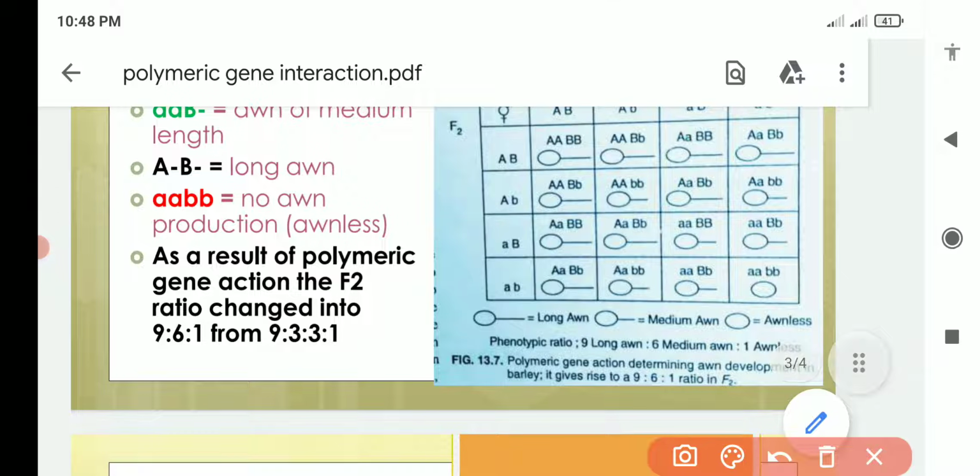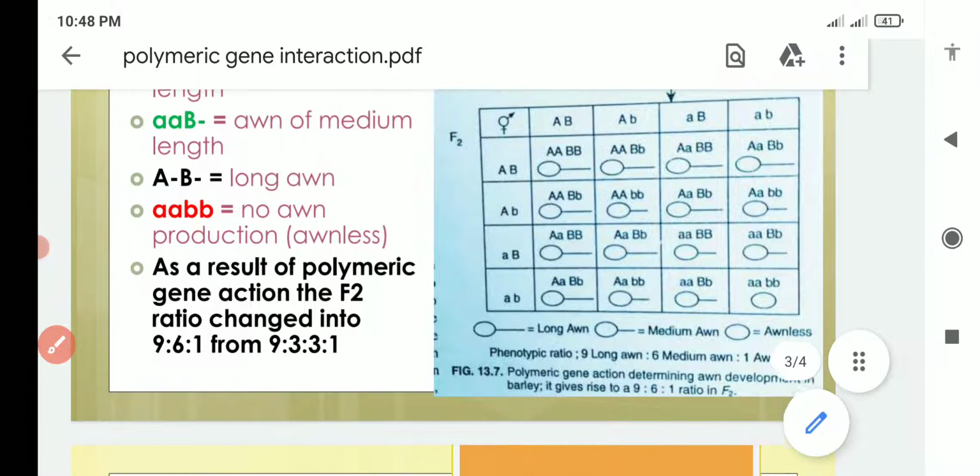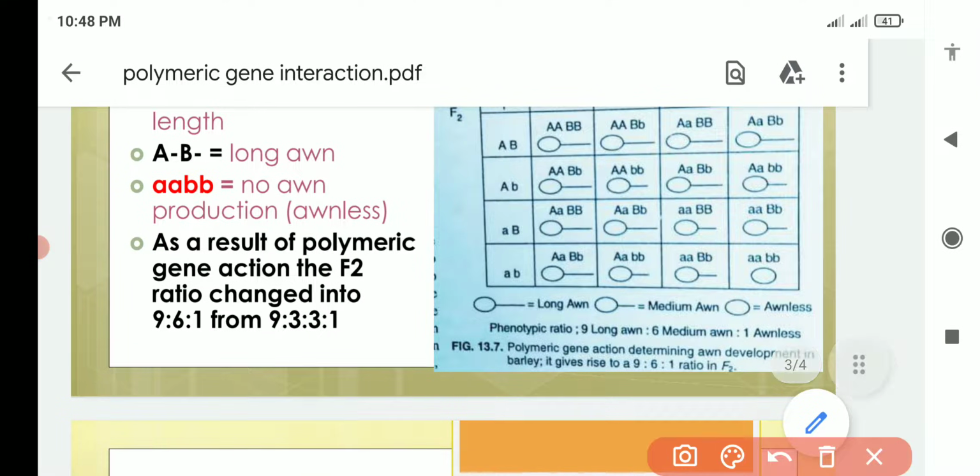Here you can see that in 9 plants there will be long awn production. Okay, so here you can see that in this first plant it is long awn, it is also having long awn, third one also, fourth one also, fifth, okay, sixth, 7, 8, okay, and one more is there, this 9.